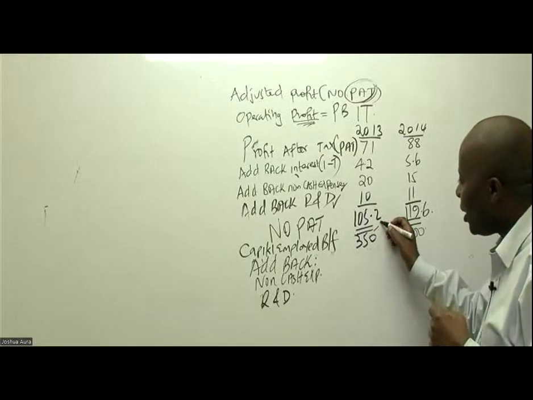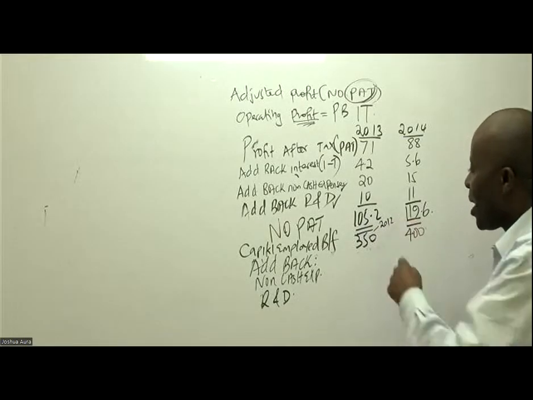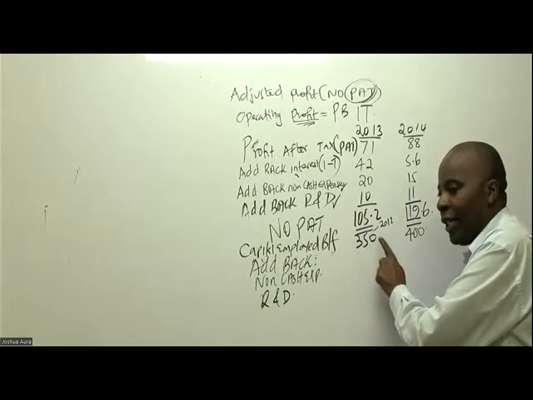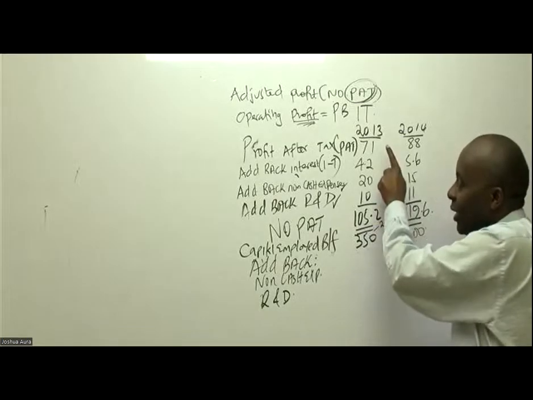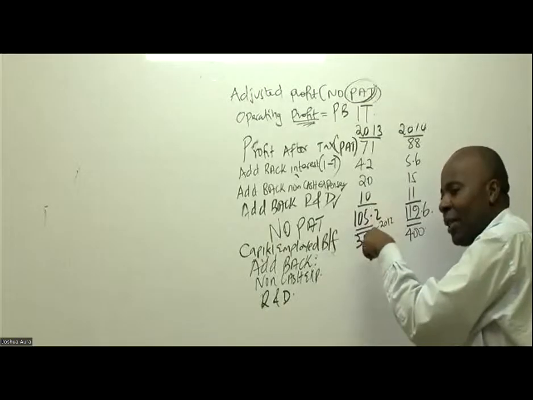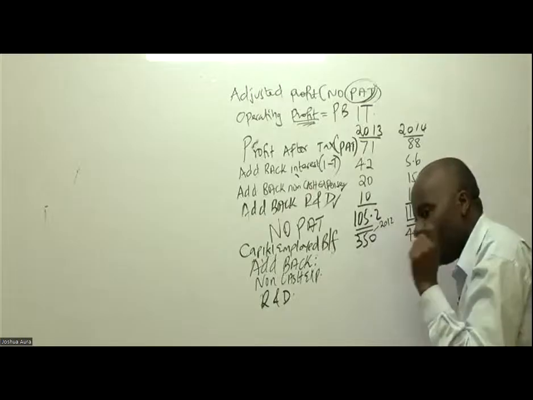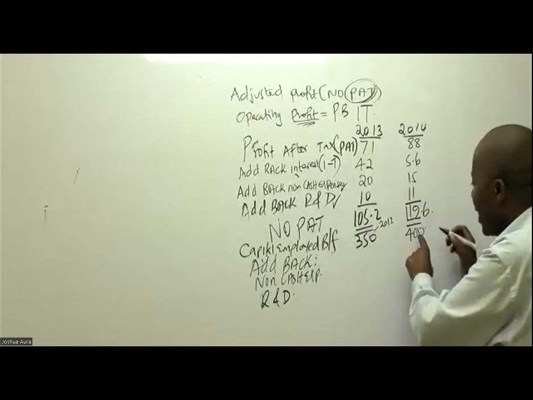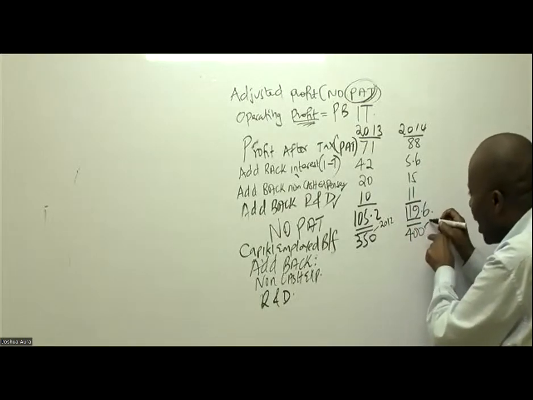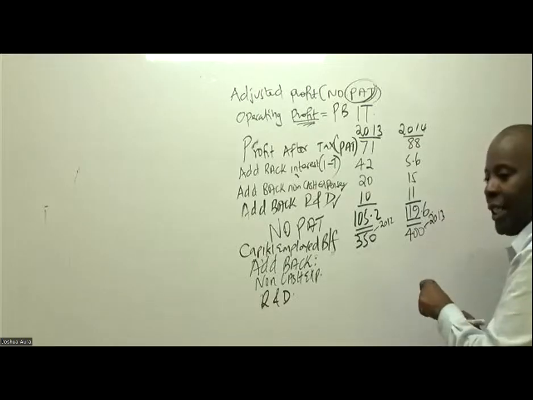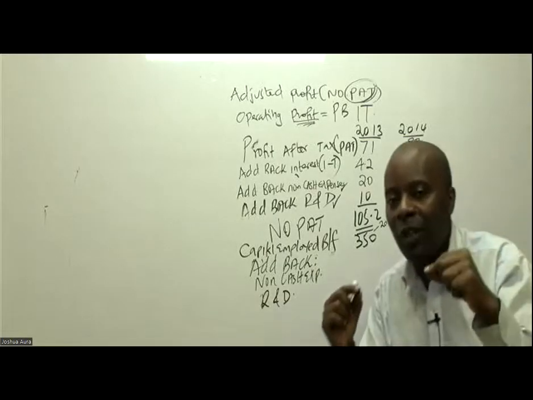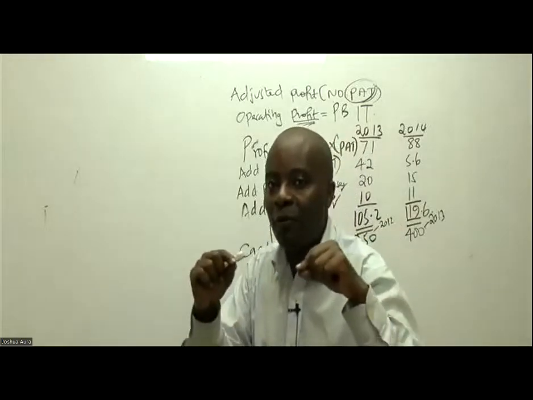I know that all the adjustments to arrive at this figure were done in the year 2013, but you see it's a brought forward figure. So the adjustments that were done to arrive at this figure were the 2012 figures, because these figures are brought forward figures.